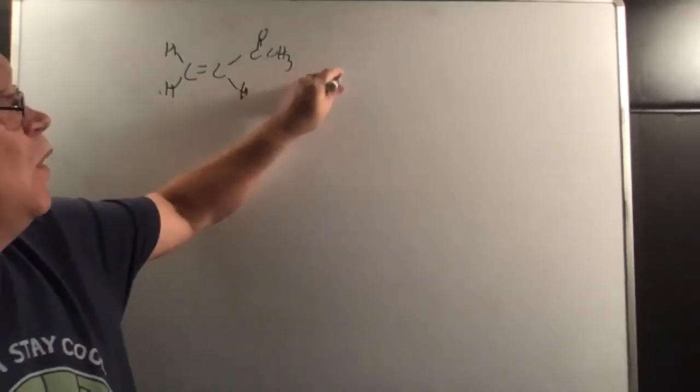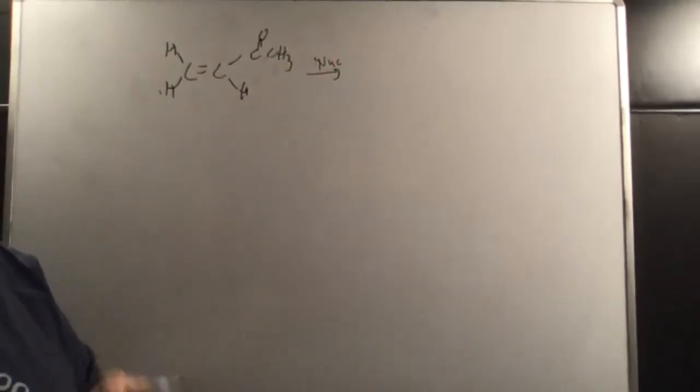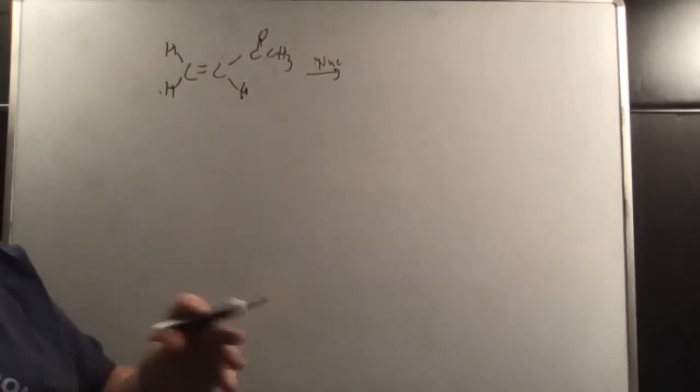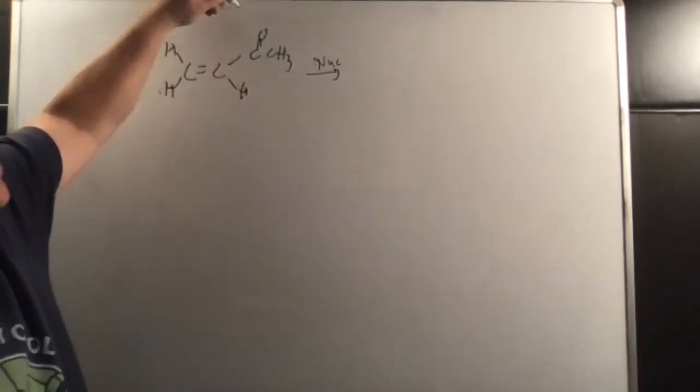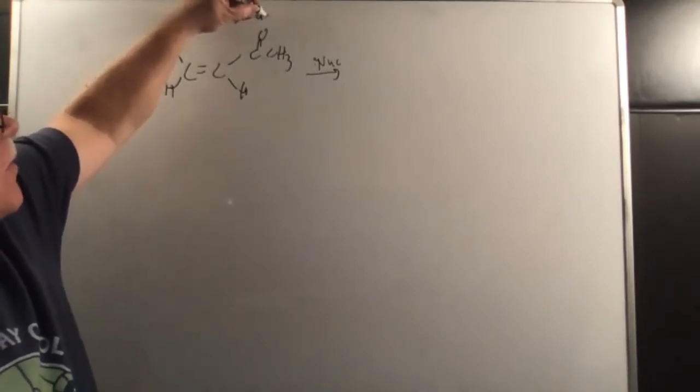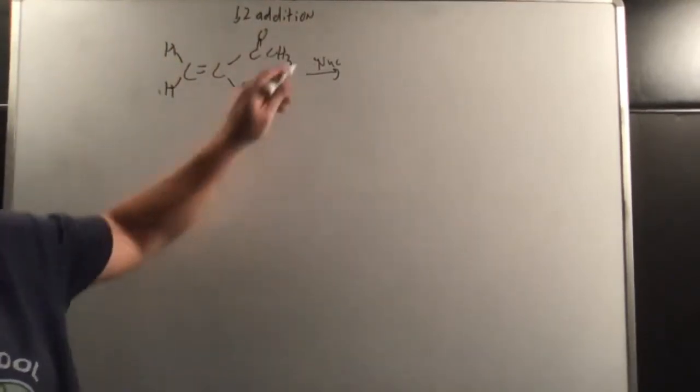Now, if we attack this compound with a nucleophile, nucleophiles can attack in one of two ways. The first way is called 1,2 addition. And it's the way that we would normally think a nucleophile would attack.